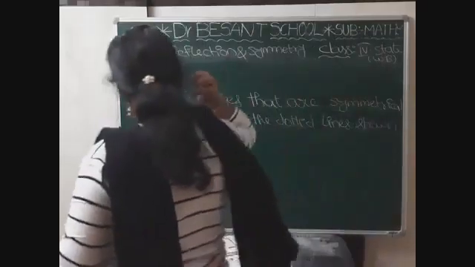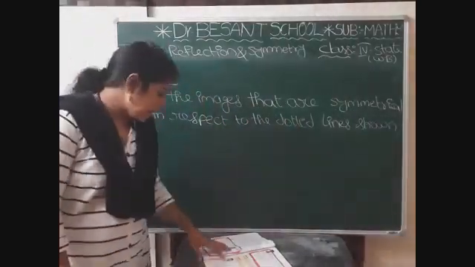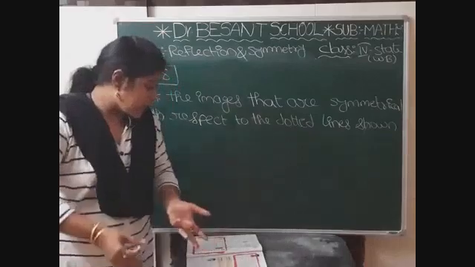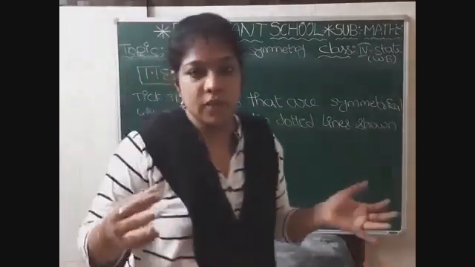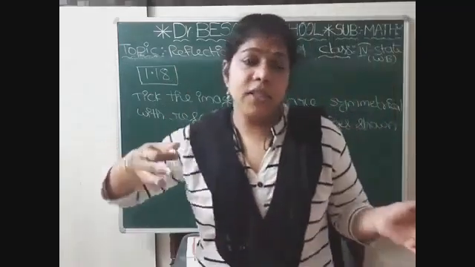Okay. Here some images are given for you. Whether those images are symmetrical with respect to the dotted lines, put the tick mark. Whether those images are not symmetrical.